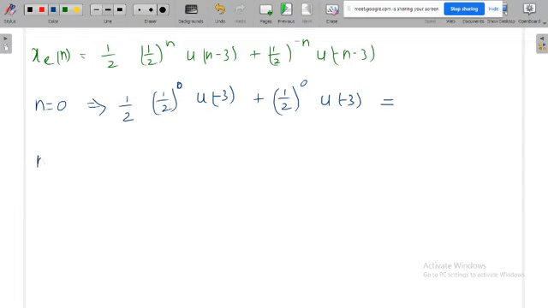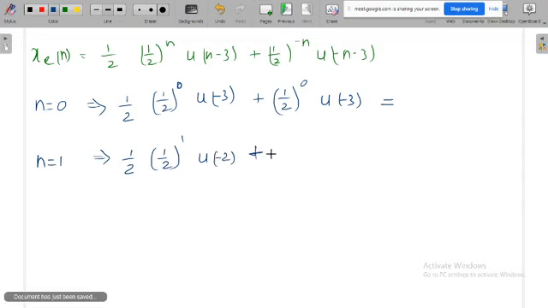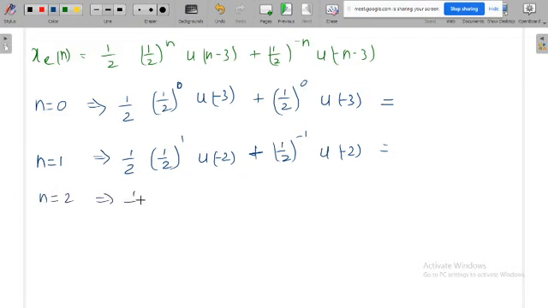Next I will write n is equal to 1: (1/2)^1 u[-2], then (1/2)^(-1) u[-2]. What is the answer for this? Then n is equal to 2: (1/2)^2 u[-1], (1/2)^(-2). I think here we made a mistake. When you put n is equal to 1, this will become u of minus 4.